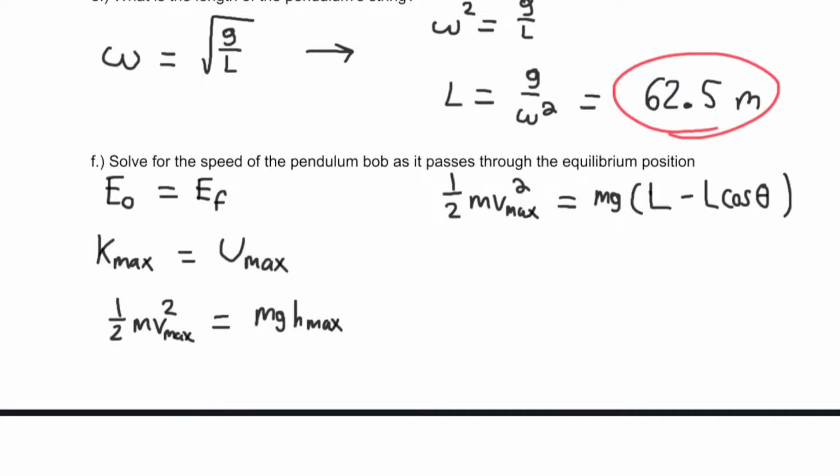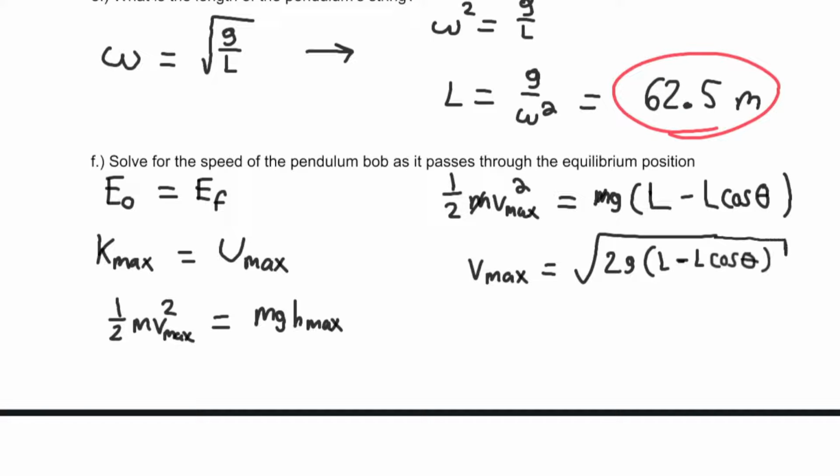And that's why we had that interesting looking formula for gravitational potential energy for a pendulum. But we can see the v max is just the typical square root of 2 g h formula that we've used many times before, except the h value here was kind of challenging to get. But evaluating this, we get pretty close to exactly 5 meters per second.